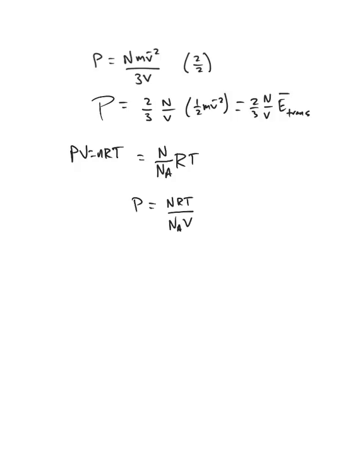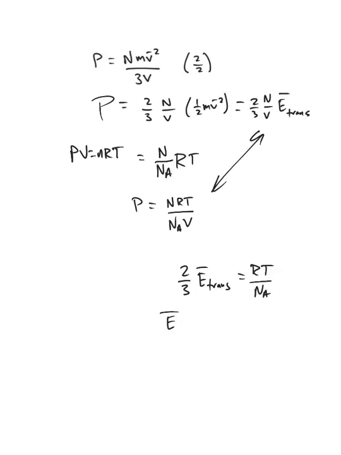And then I'm going to compare these two and see if anything interesting comes out. And in fact, I get 2/3 times the average translational energy is equal to RT over N_A. Basically, the number density canceled out.